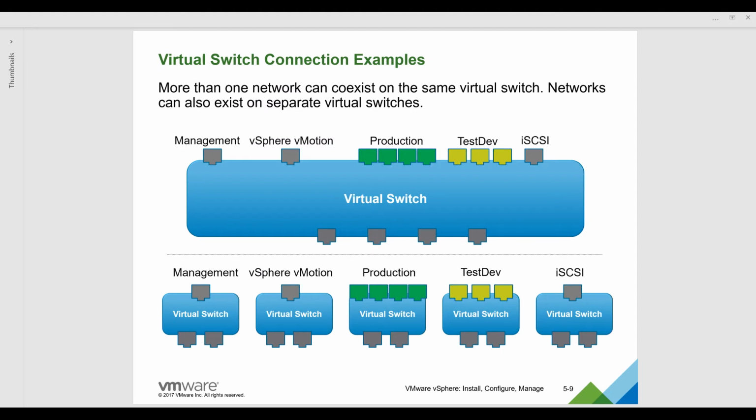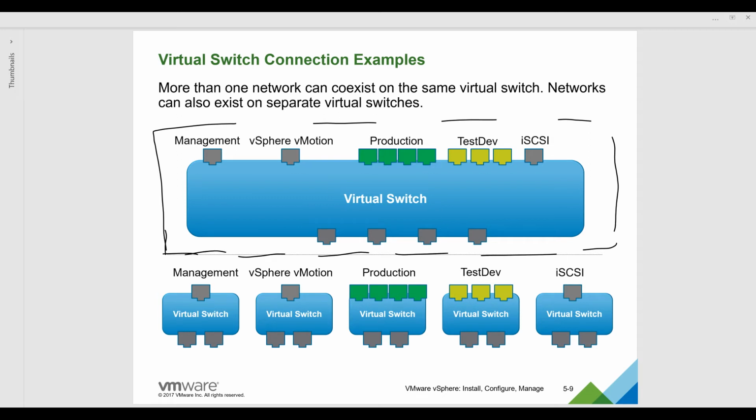So here's an example right here where basically when you're designing your network environment, vSphere enables you to put all your networks on a single virtual switch, okay? So as you see right here at the top side, we have everything up here all on one virtual switch, right?